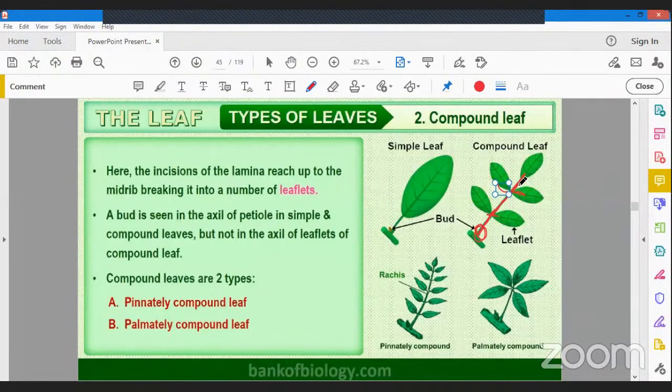A bud is seen in the axil of the petiole in simple and compound leaves, but not in the axil of the leaflets of the compound leaf. Look, here come the leaflets. So compound leaves are of two types. One is pinnately compound. Pinna means ear. So this is pinnately compound. This one is palmately compound. So take it down first.